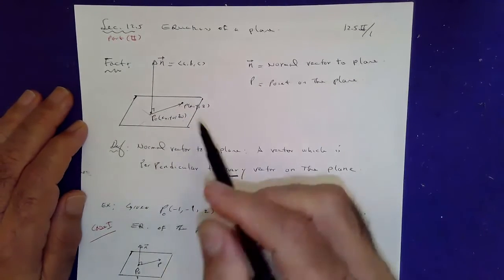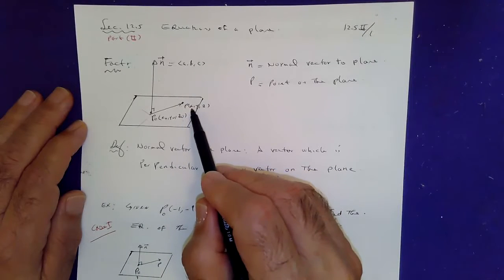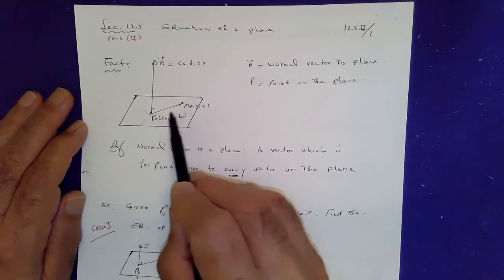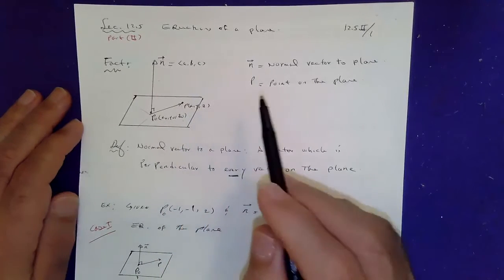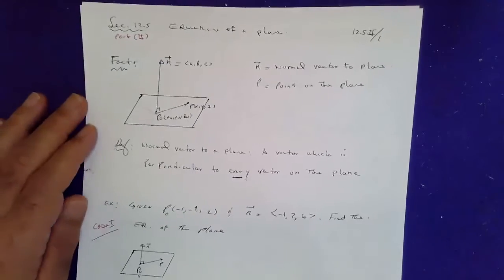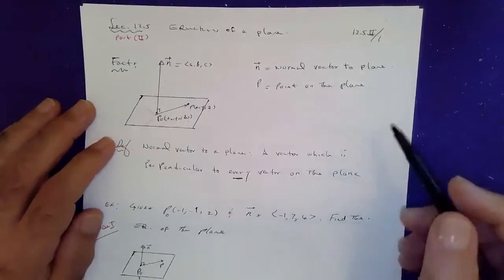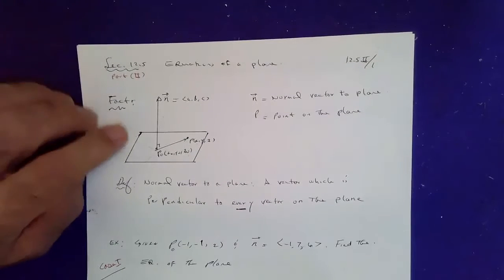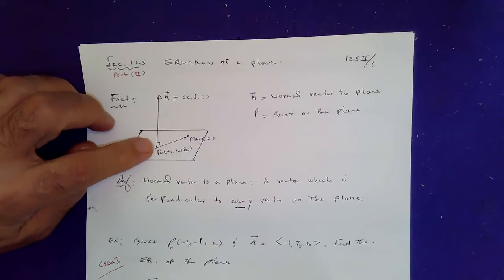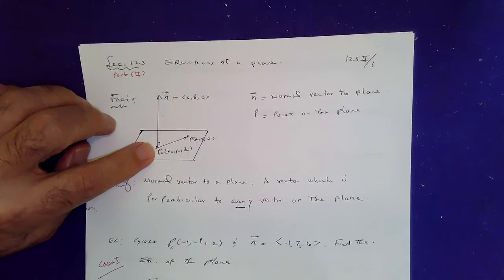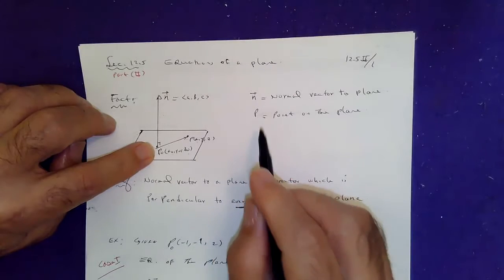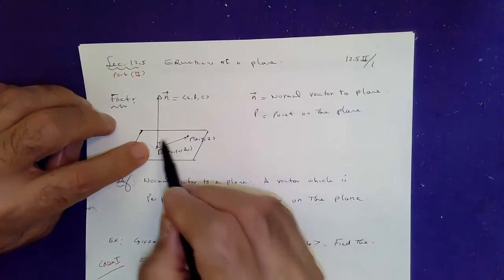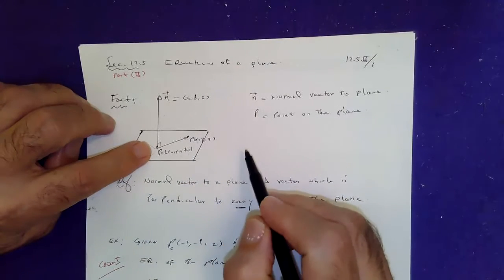So what we do, we take a general point, let's say P, and construct this vector P0P. Because the normal vector is perpendicular to any vector on the plane, in order for two vectors to be perpendicular, the dot product has to be 0.